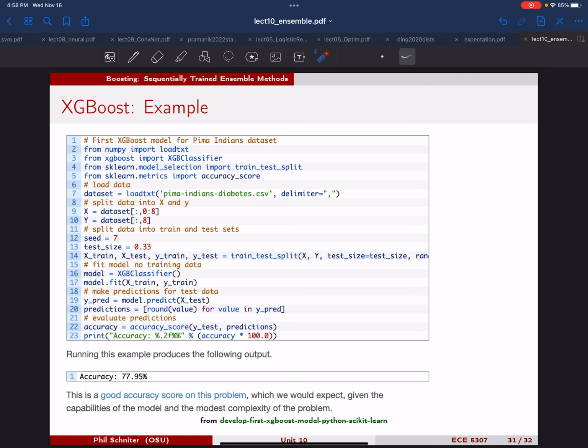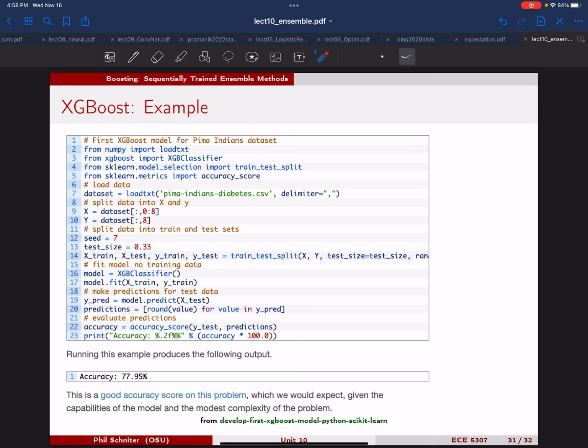And it's an important part of your project. If you guys are looking at the tree methods, you probably want to focus on random forests and XGBoost. In both cases, there are a lot of little parameters that you can play with. There are some nice tutorials out there that give recommendations on which of those parameters will give you the most bang for your buck in terms of trying to tune them.